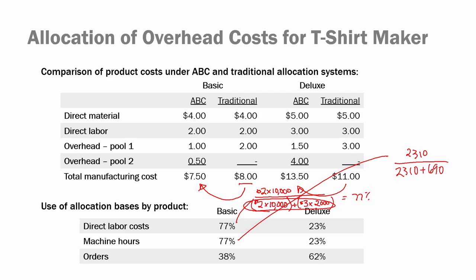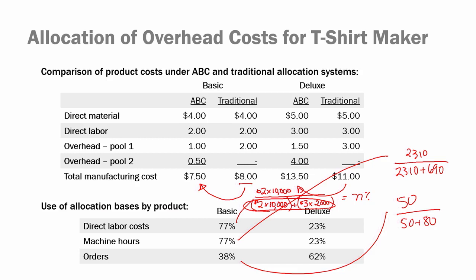So 77% of the machine hours are being used by the basic t-shirts. Okay, but here's the catch. They're responsible for only 38% of the orders. 50 orders divided by 130 orders. And remember, this was also used as an allocation base in the activity-based costing system.